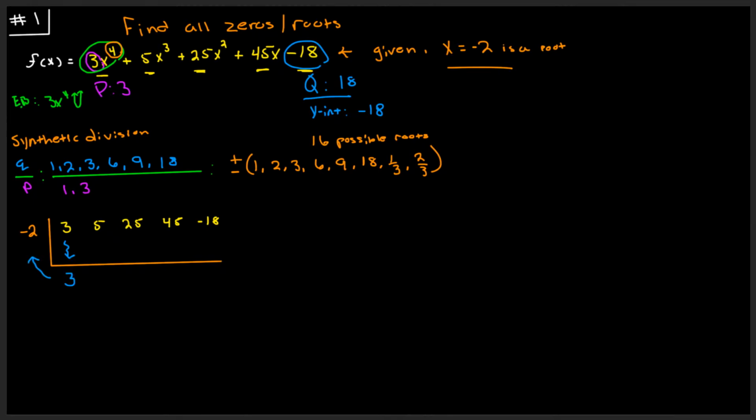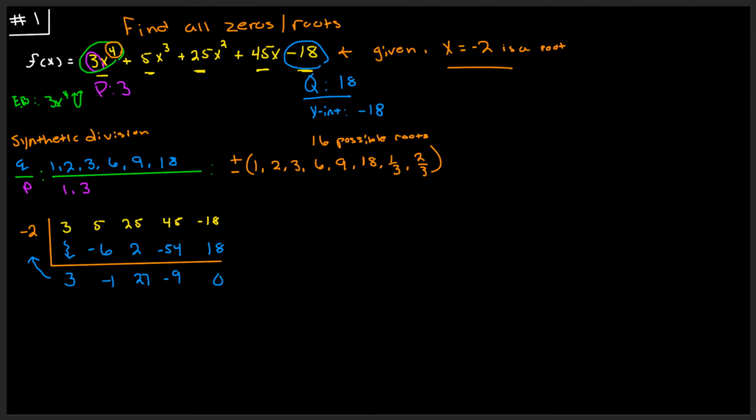And then it's kind of this circle where you multiply the number below by the term that you're attempting to divide out of your giant polynomial. 3 times -2 is going to be -6. -6 plus 5 is -1. -1 times -2 is 2. 2 plus 25 is 27. 27 times -2 is going to be -54. -54 plus 45 is going to give you -9. -9 times -2 is going to be +18. +18 plus -18 is just 0.